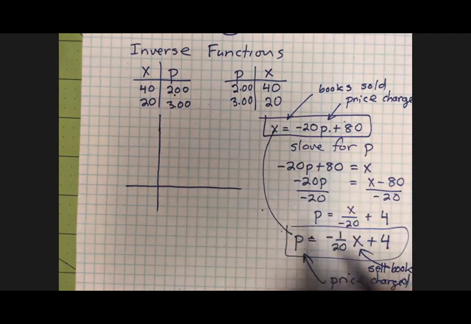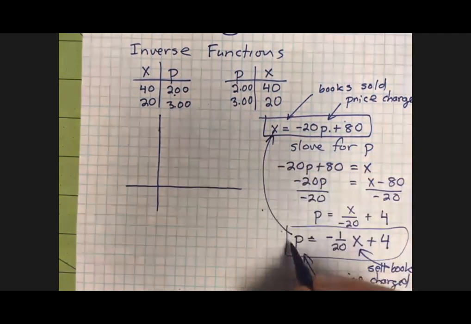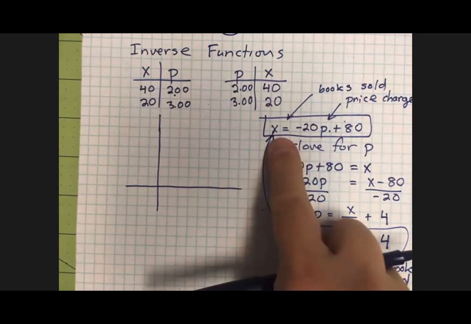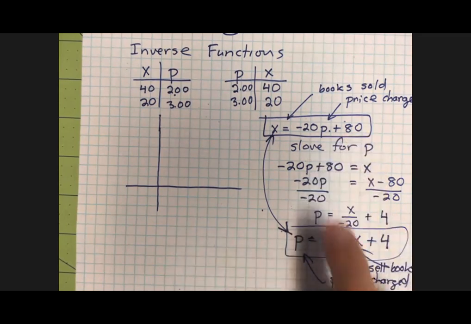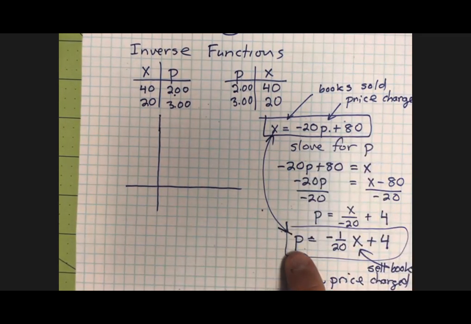So these two functions are kind of like undoing each other. This function is X in terms of P. This function is P in terms of X. And I could draw those two functions.